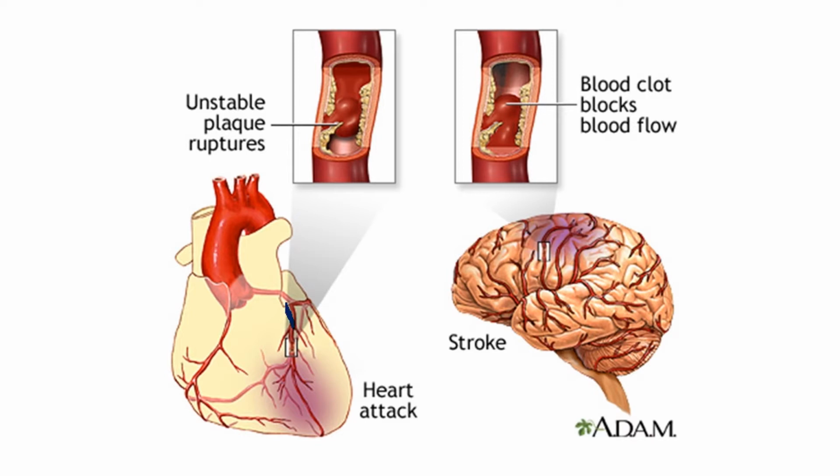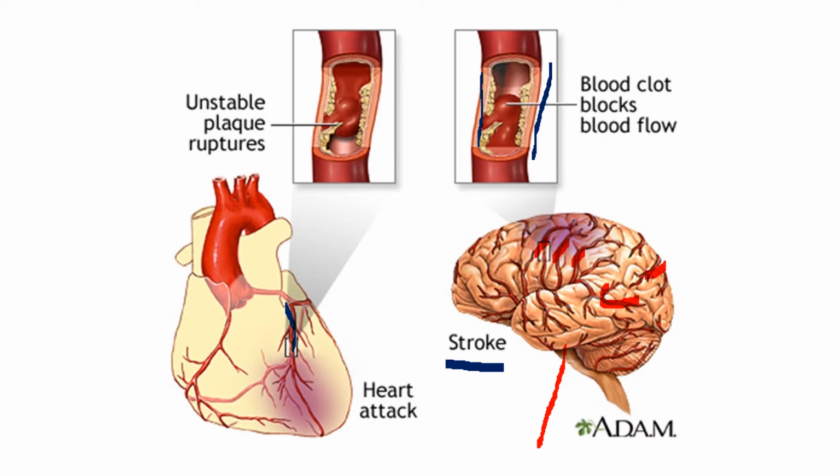So again, you got blockage here in the heart. Now with a stroke, folks, same thing. Blockage in a blood vessel with blood leading up to the brain, or many times somewhere in the brain itself, where a vessel is blocked and the blood is not being evenly distributed to the much needed places where it needs to go in the brain.